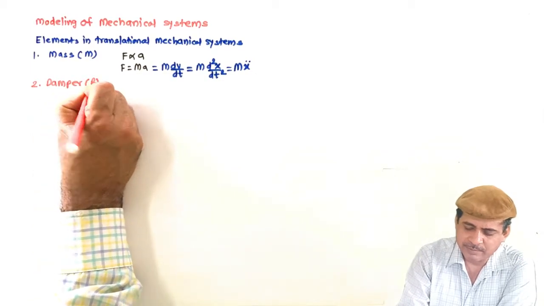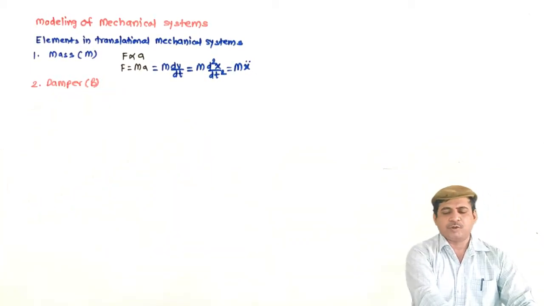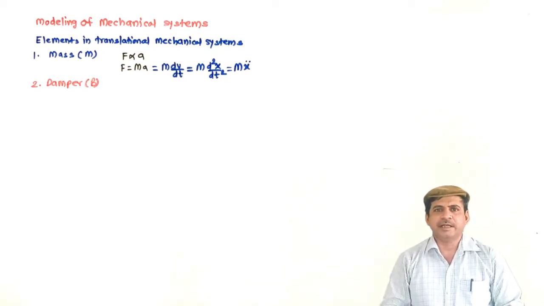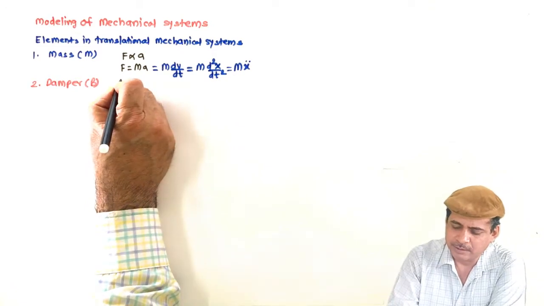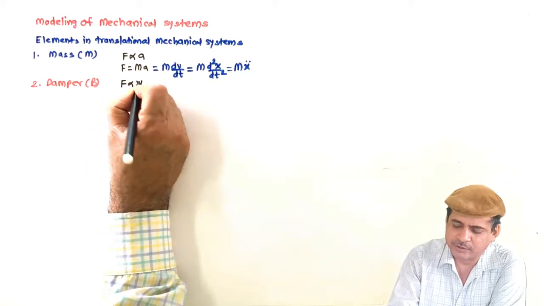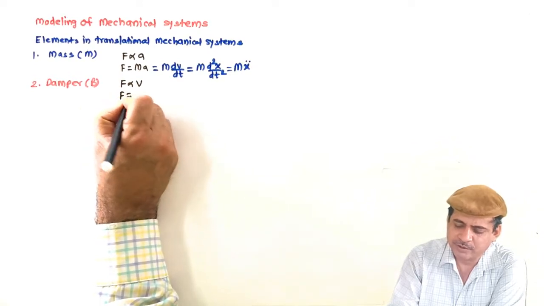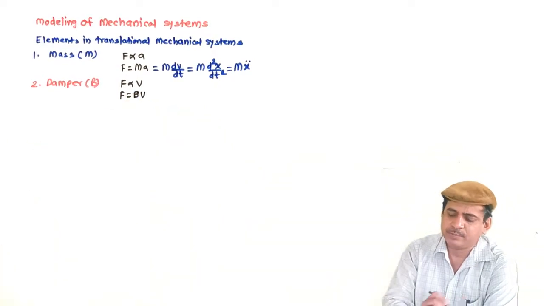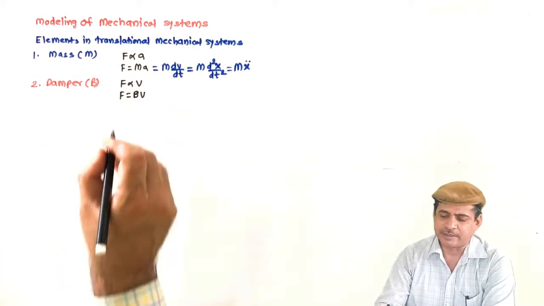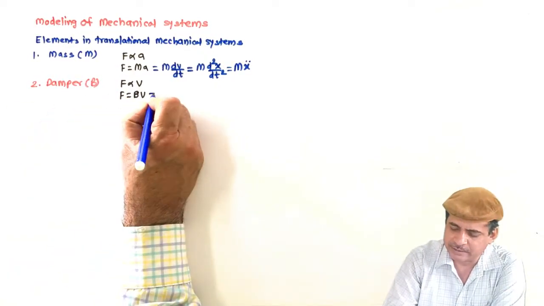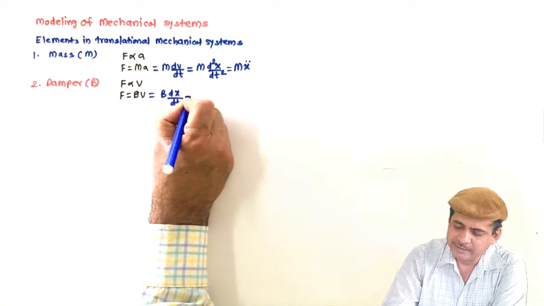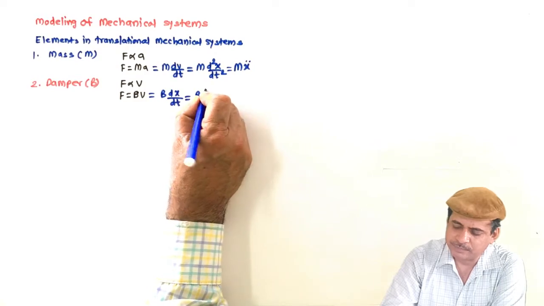and represented by B. For this damper, if we apply a force on a damper, then this force is directly proportional to velocity, and then force is equal to B into V, where this B is the constant of proportionality. Same way we can write this as B dx by dt, that is equal to B x dot.